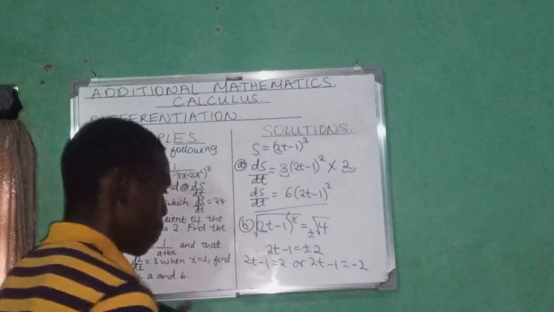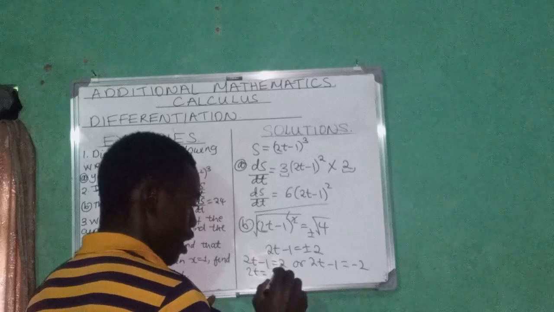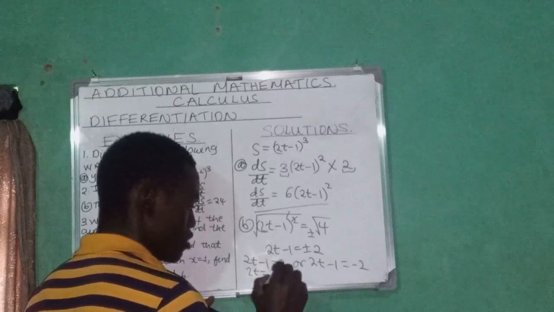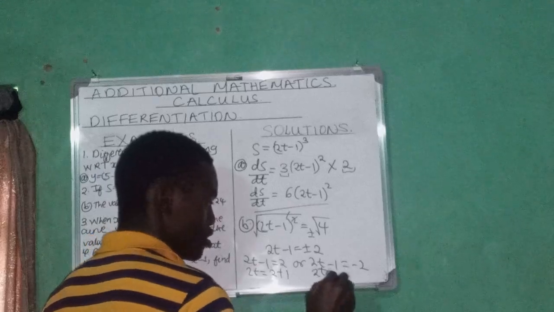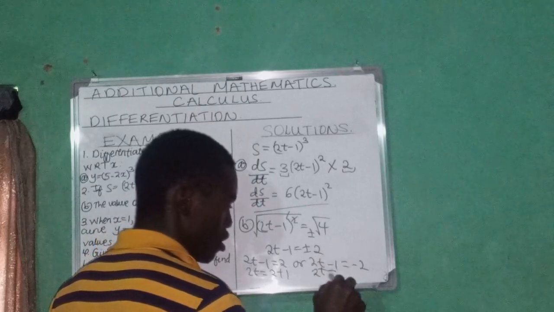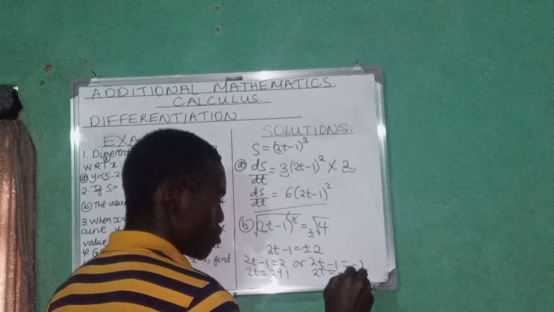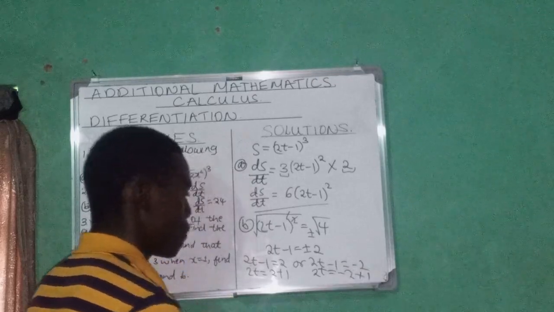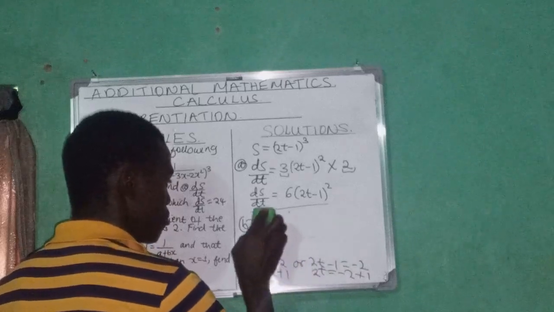And then here we have 2t is equal to 2, the negative 1 goes to the other side, it becomes a plus 1. Then 2t is equal to negative 2, negative 1 goes to the other side, it becomes a plus 1. And then again, to proceed, we are going to clean up.